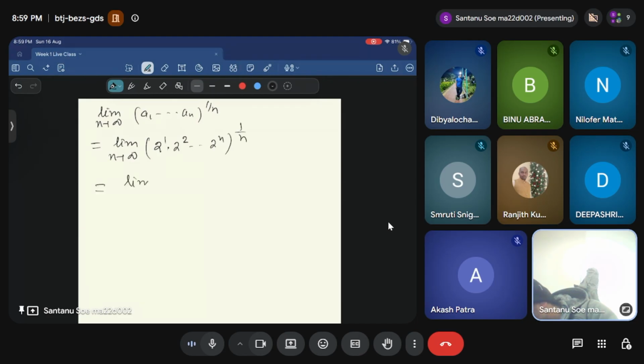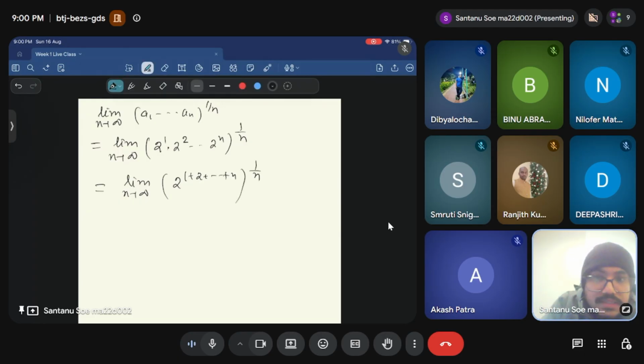So this is same as limit n tends to infinity, correct? Is this clear?